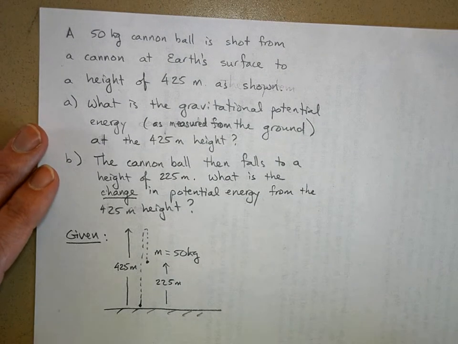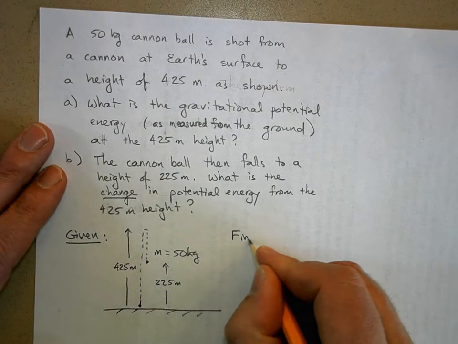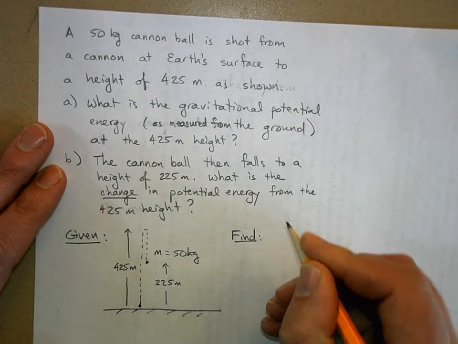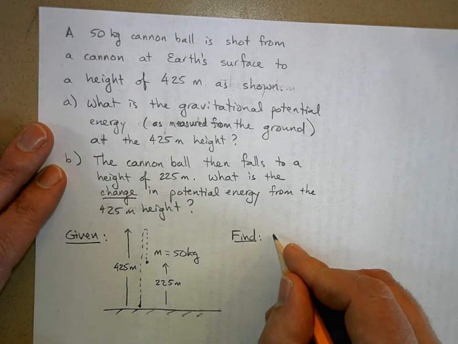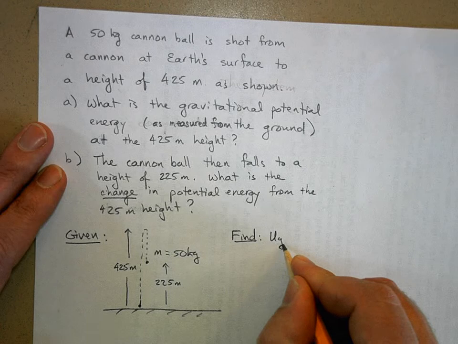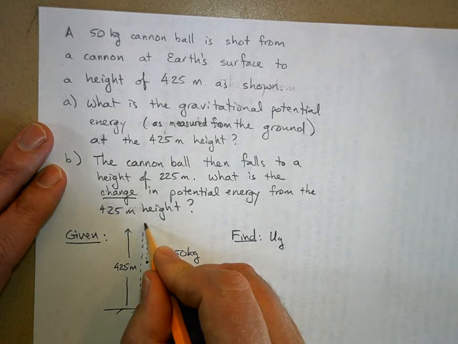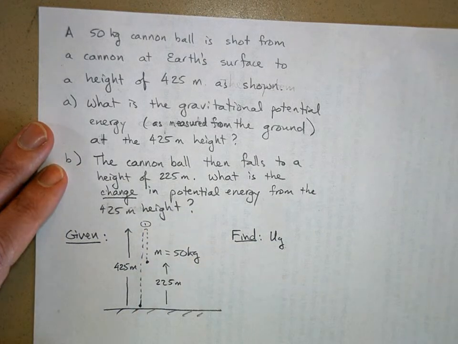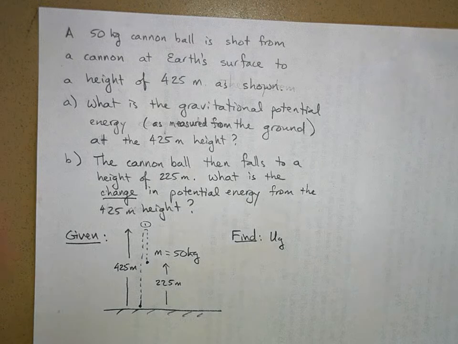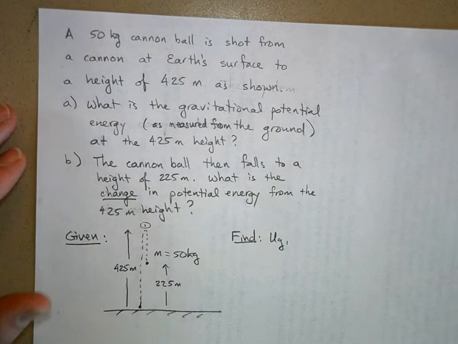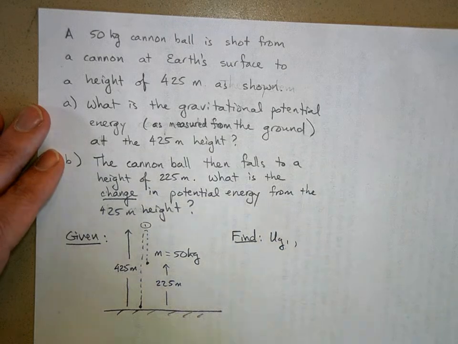Okay, and so for part A, here's what we're trying to find: the gravitational potential energy. And I'll just put a little 1 right here. I like to show where things are with little numbers, so we'll just put U sub G sub 1. You didn't have to do that, okay? It's just my way of keeping track of things.